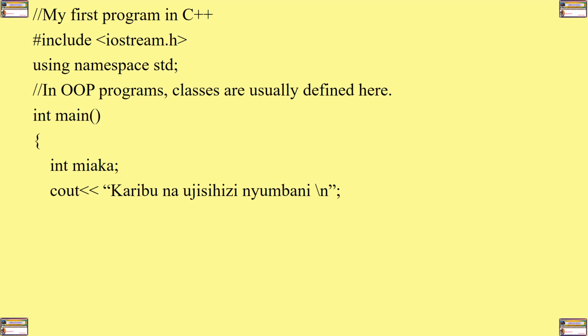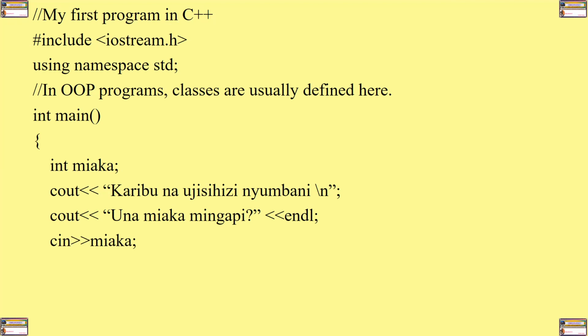Then cout, insertion operator, then a string of characters which reads "una miaka mingapi", then insertion operator, endl, semicolon.